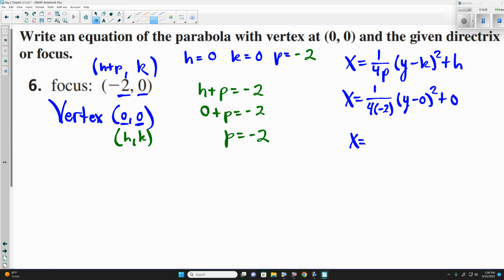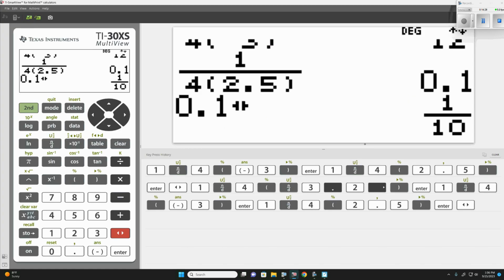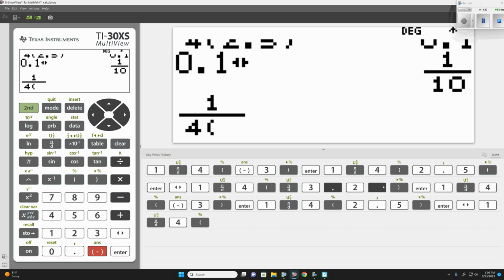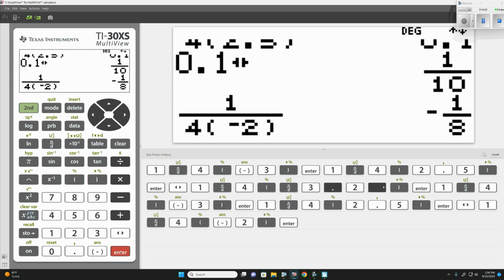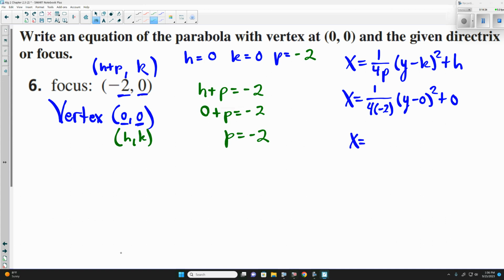Now we do need to simplify our 1 over 4 times negative 2, which is negative 1/8. Since we have y minus 0 squared, it's just going to simplify to y squared. Our plus 0 we don't have to include, because the plus 0 is not adding anything, so we're left with this here. Questions on this here?